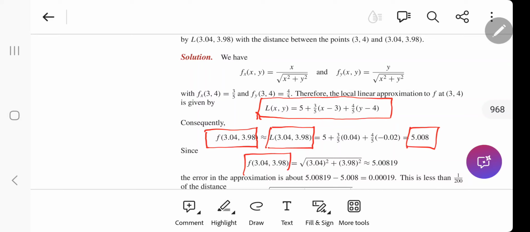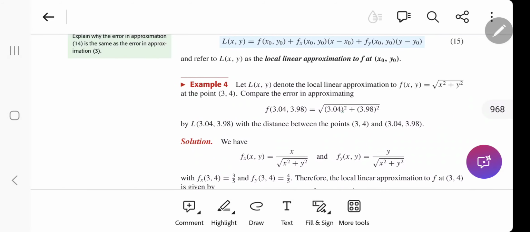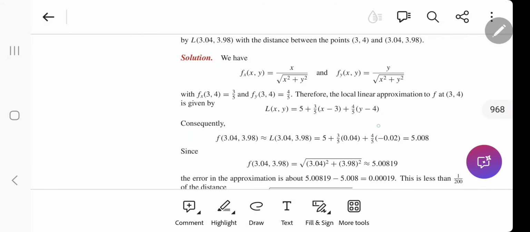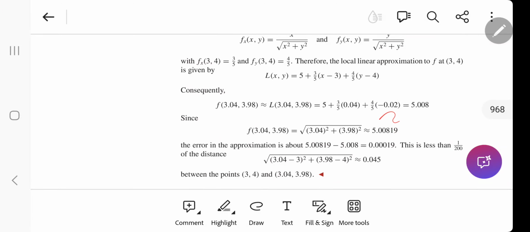Now for the actual value, you can substitute x equal to 3.04 and y equal to 3.98 in the function itself. Then you will get the actual value of f at that point. It is 5.00819. So the error is 0.00019.